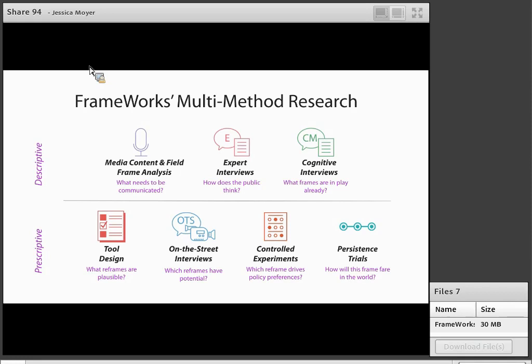We describe this as there's an expert perspective, there's a broader public understanding of the issue, and we're interested in mapping the gaps and overlaps between those two sets of understandings, and ultimately closing some of those gaps to create a more informed public. So that's our descriptive research. Our prescriptive research is about developing and testing those devices, those specific frames that are designed for the explicit purpose of closing the gaps that I just mentioned. And we'll show you some more clips and give some examples as we go from each of these phases of our research.